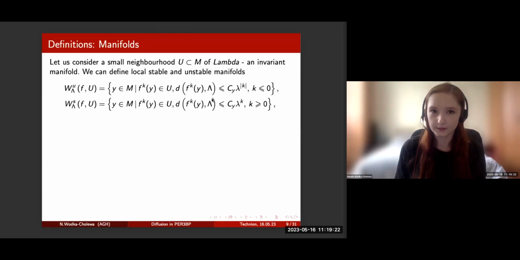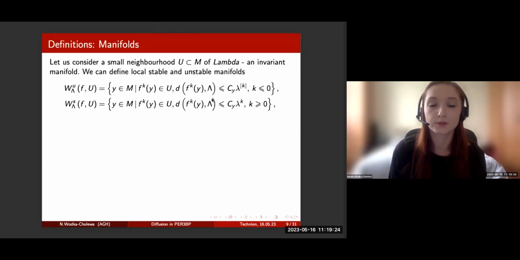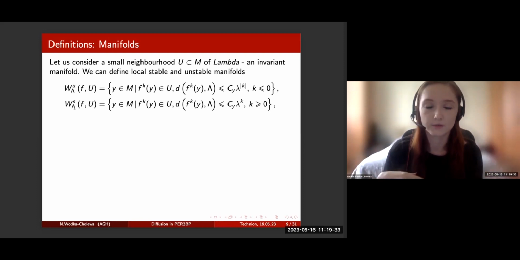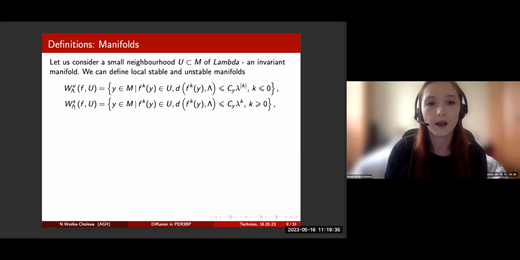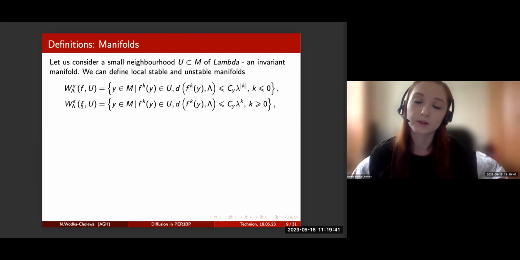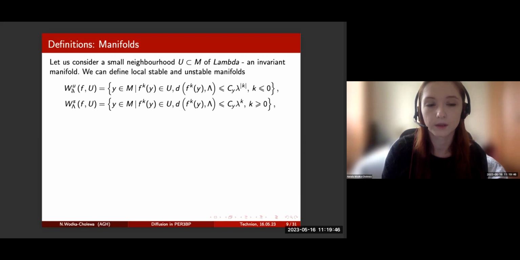And we can define for this neighborhood local stable and unstable manifolds. As you can see, we'll write W, U, or S, depending on whether it's unstable or stable, and we'll say F because we have to connect it to our diffeomorphism, and U, and of course big lambda.